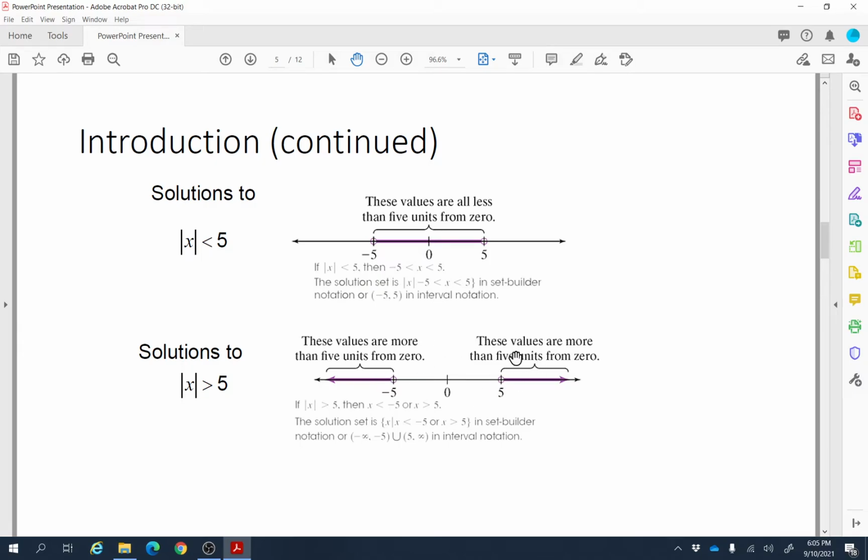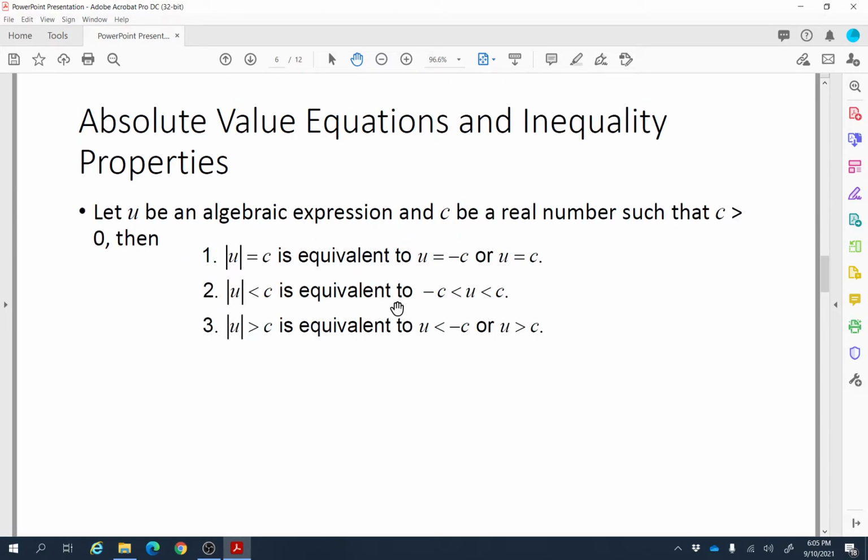For this one, we need to use the union sign. Negative infinity to negative 5 represents the numbers from this side, and union positive 5 to positive infinity represents the numbers from this side.